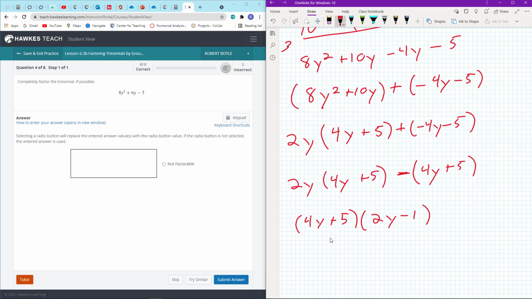Is this going to work? Well, 4y times 2y is 8y squared. 4y times minus 1 is negative 4y. 5 times 2y is positive 10y. And then 5 times minus 1 is minus 5. And the negative 4 plus 10 is 6.